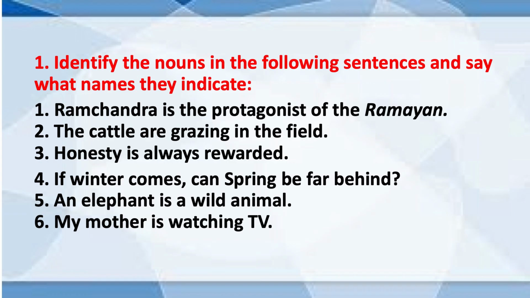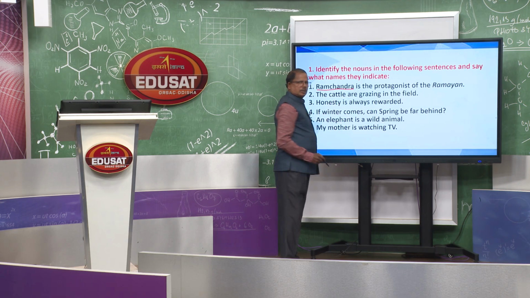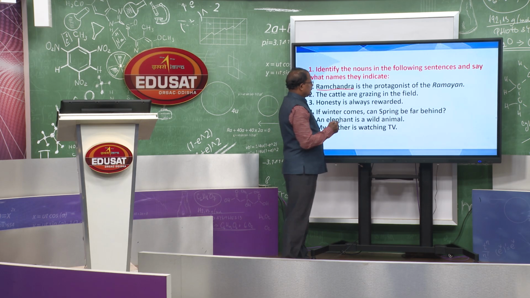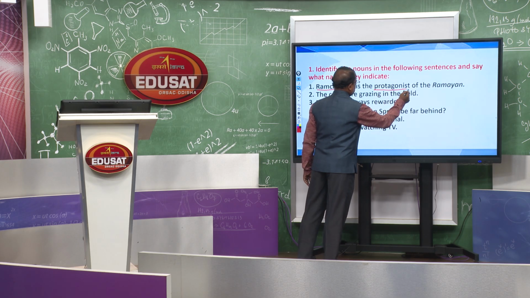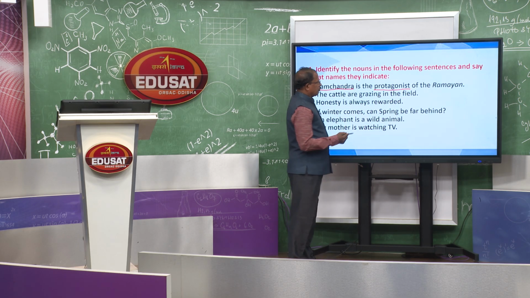So, this exercise is from your textbook, right. So, you see the nouns first, right. You see Ramachandra, this is a noun and that is the name of a person, right. Then protagonist, that is also a noun.